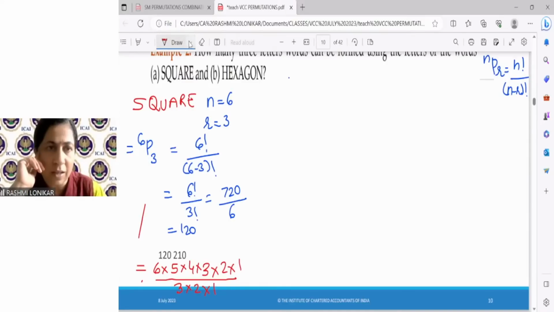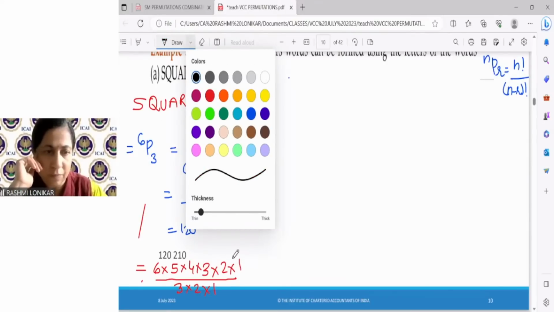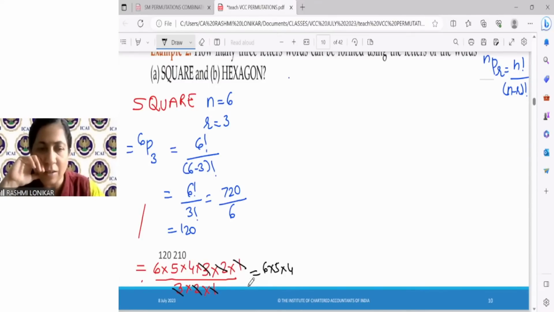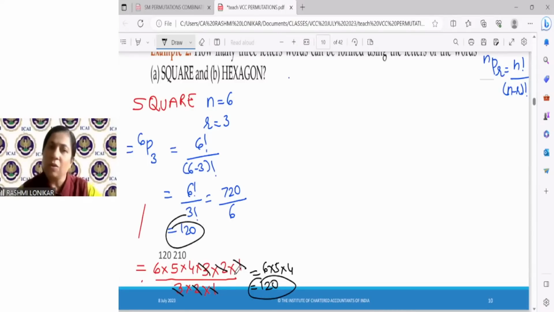I should cancel. So 1 cancels, 2 cancels, and 3 cancels. What am I left with? 6 into 5 into 4. 6 5s are 30. 30 into 4 is 120. So both these answers are the same. So you can use either of them.